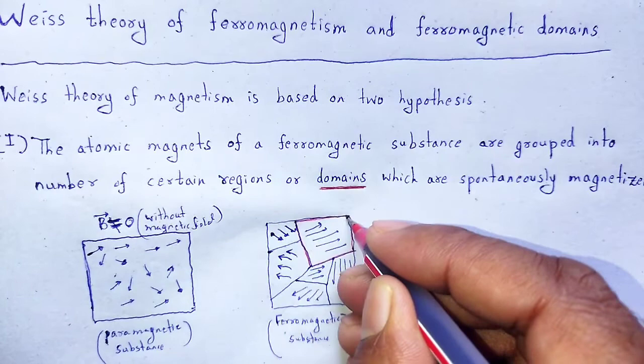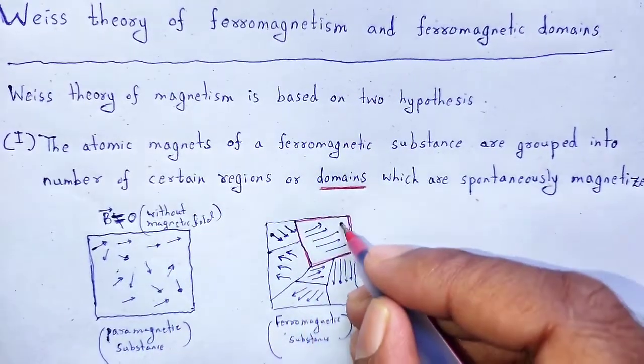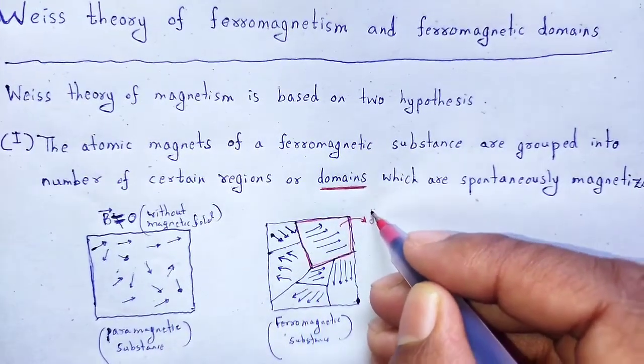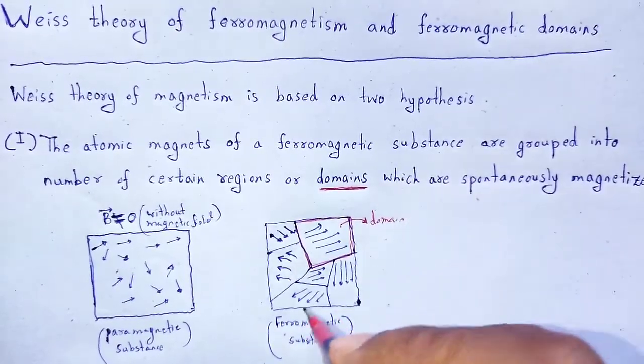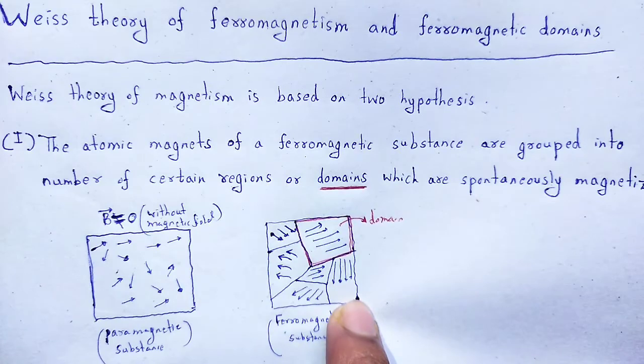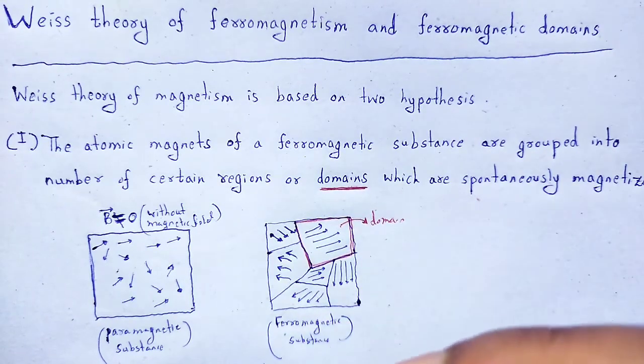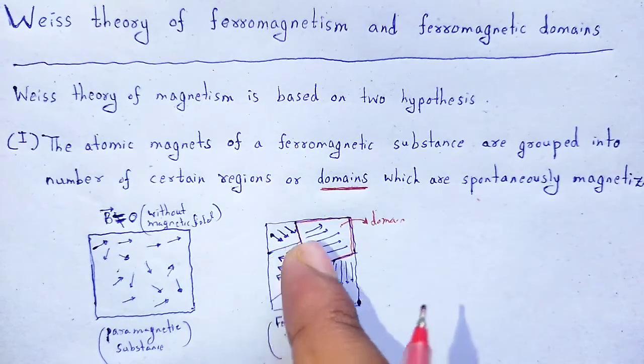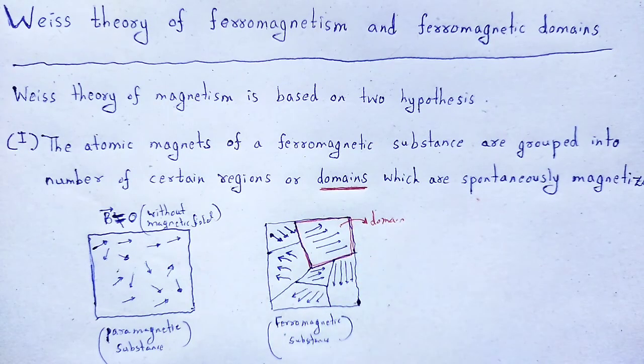There are a large number of domains present inside ferromagnetic substances, and these domains are supposed to exist throughout the magnetic material.